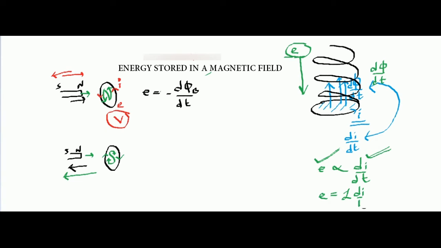So we have two stories going on. One story is that if you have a changing flux, an EMF is induced. Another story is that if you have a changing electric current through a wire, then there is a changing magnetic flux, and this magnetic flux will create an EMF, and this EMF is directly proportional to the changing current.